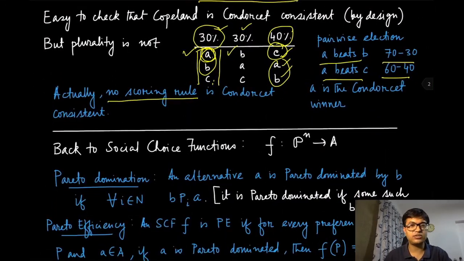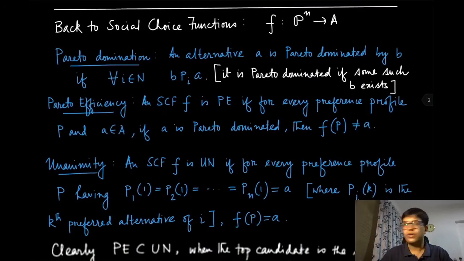This is quite amazing. Okay, so let us now go back to the social choice functions setup. We have this function f, which is mapping the individual preference orders to the set of all alternatives or all candidates.